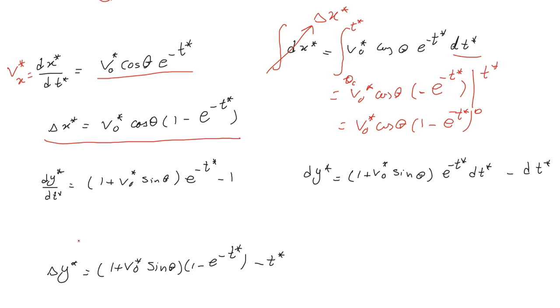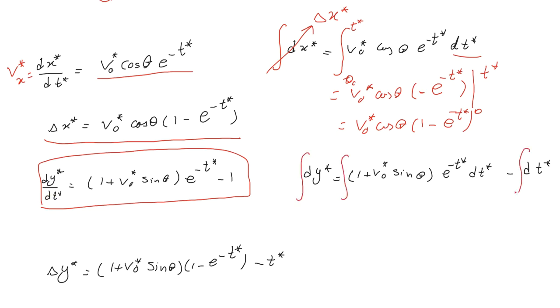Okay, and we do the same thing in the y direction. We have the derivative of y star with respect to t star in the dimensionless form. We have this equation. We had calculated this above, and we start from this. Again, multiply both sides by dt star, and then do the integration, and then it's pretty simple.